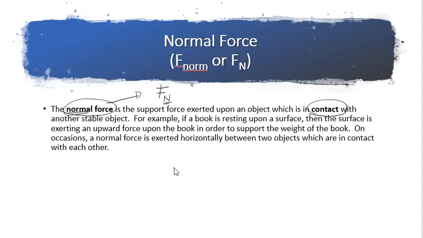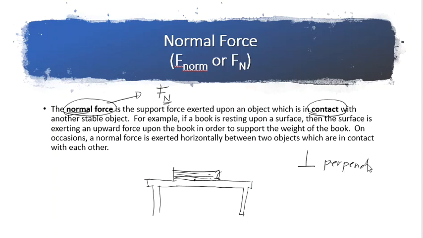So let's take a look at this. A book. Let me draw a book. So there is a book that is resting on a table. You have the table there. And there is a normal force because there's contact. It's in contact. So normal force is usually written perpendicular to the contact surface.